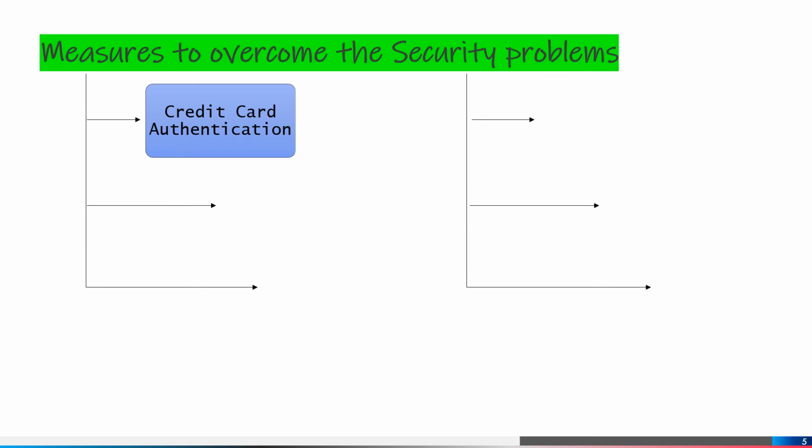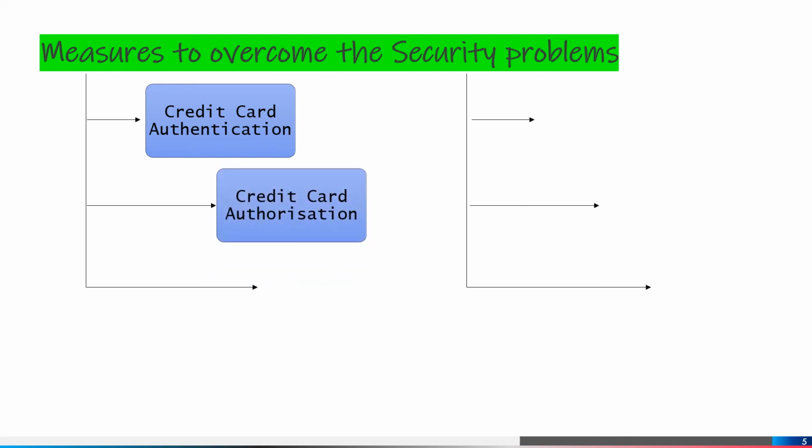If the person is not providing a valid credit card number and is promising to pay a certain amount, the seller will never be able to judge the authenticity. So this kind of authentication helps the seller to get authentic information from their buyers.